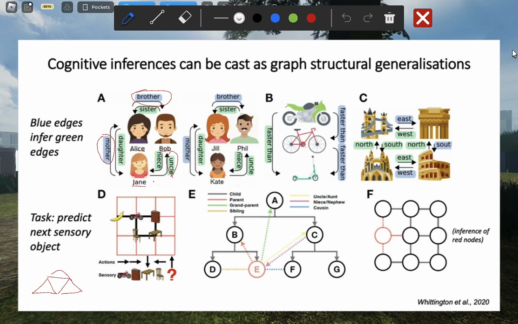I've forgotten now. But the task is, given this model, and given a sequence of actions going from one node within this environment to another, and then given the sensory outcome, you're asked to predict the next sensory outcome based on a given action.